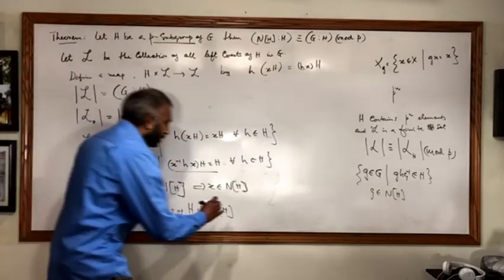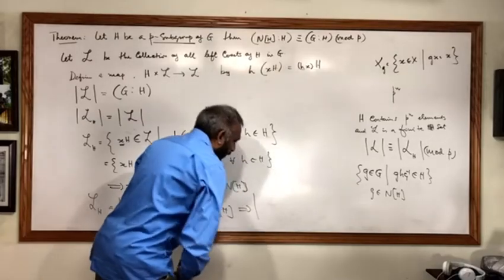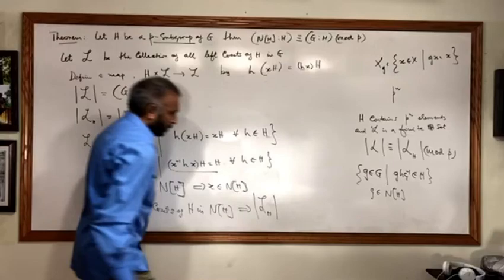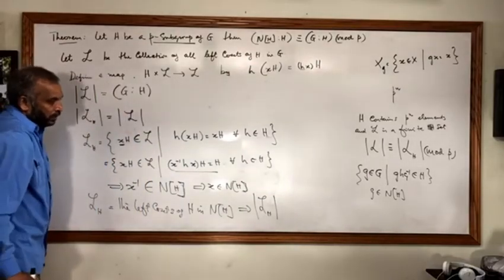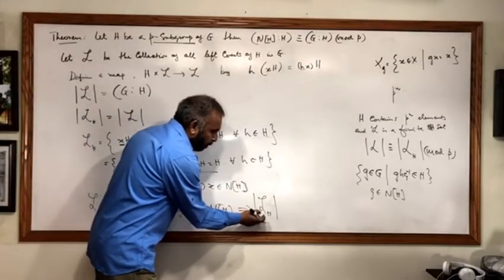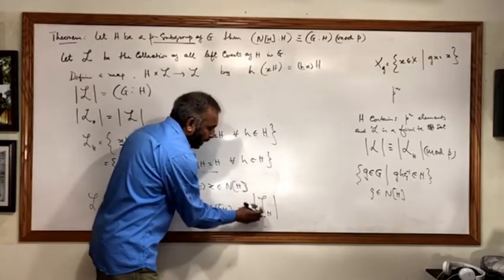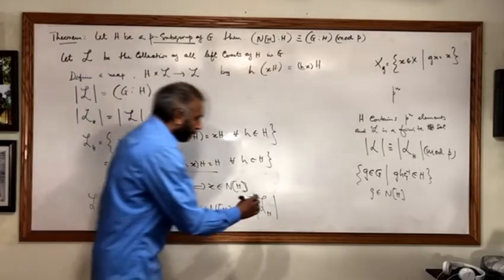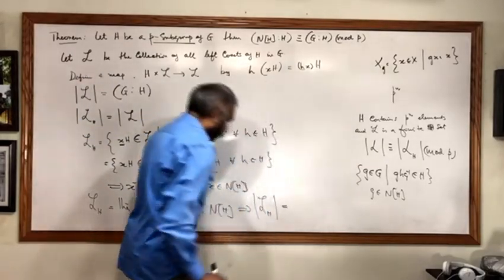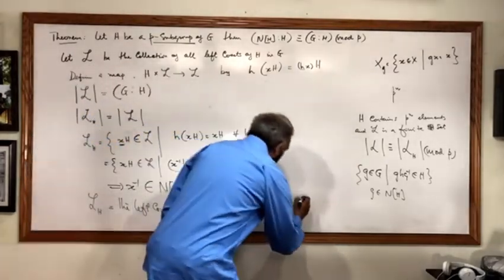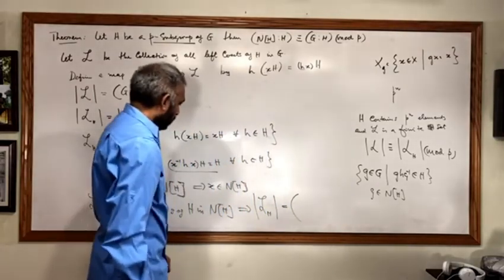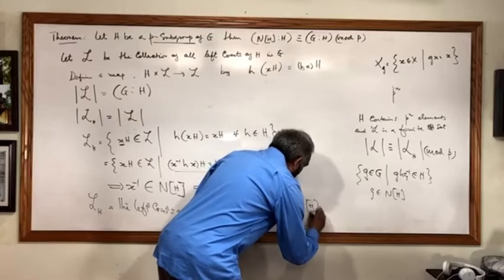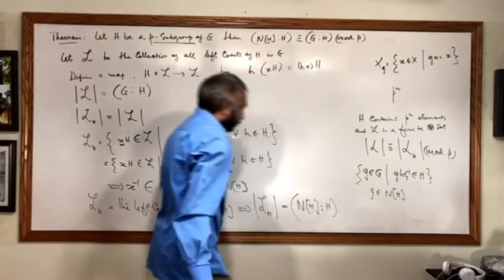And that implies the number of elements in L^H, that is the number of one-element orbits containing H, is equal to the index of H in the normalizer.